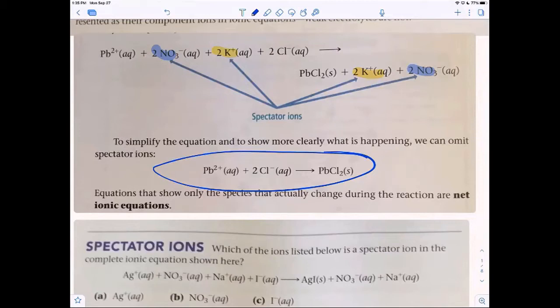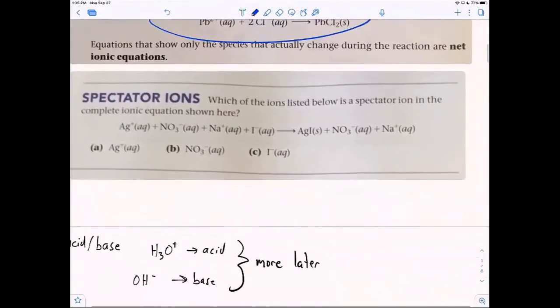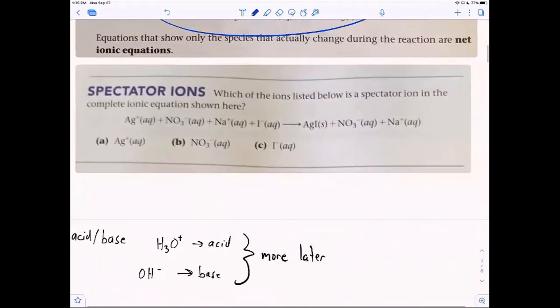Does anybody have any questions with how this is working? So spectator ions: look at this equation here. Silver ion plus nitrate anion plus sodium ion plus iodide anion react to form silver iodide precipitate plus nitrate plus sodium.